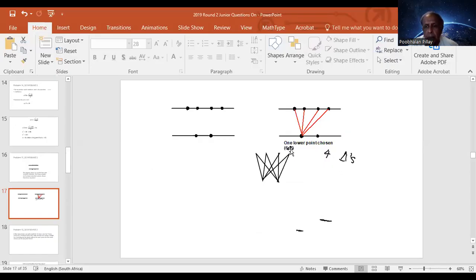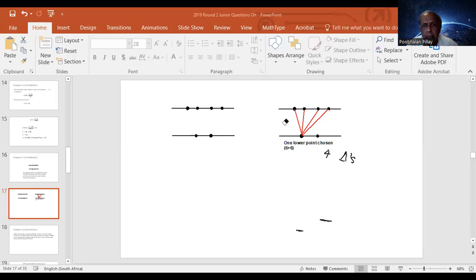All right, so we already have 4 triangles if both were chosen. Now I'm choosing only 1. Okay, so let's have a look at this and see what's going on here.